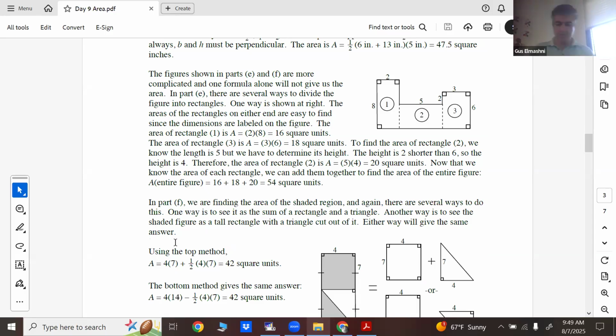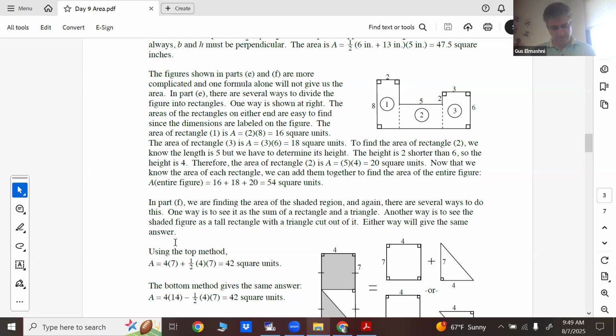The area of rectangle 1 is 2 times 8, which is 16 square feet, and the area of rectangle 3 is 3 times 6, which is 18 square units.